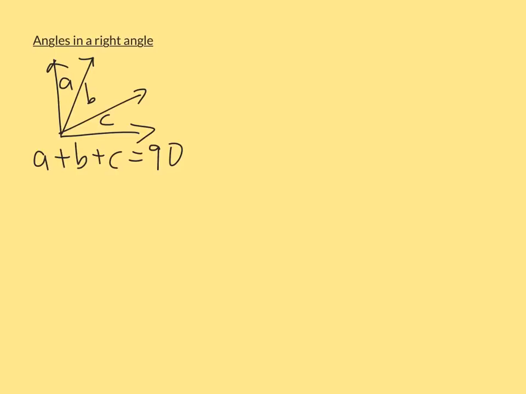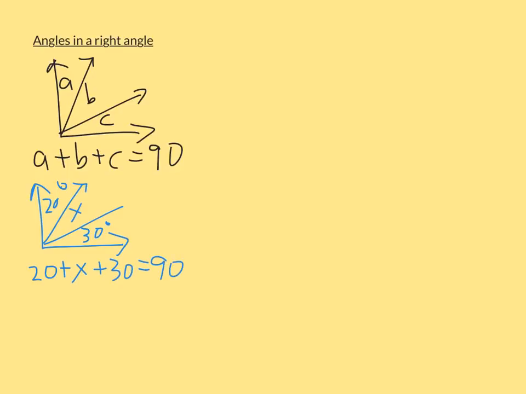So an example here, let's see if I have this angle, the first angle, which is 20 degrees, and we have another angle X, and we have an angle here which is, let's say, 30 degrees. And we know that 20 plus X plus 30 will give you 90, and X would be equal to 90 minus 50, and that will give you 40 degrees. And the reason why this works is because they are angles in a right angle.